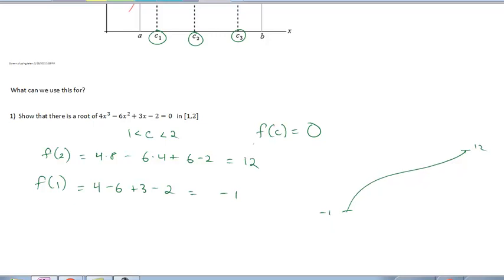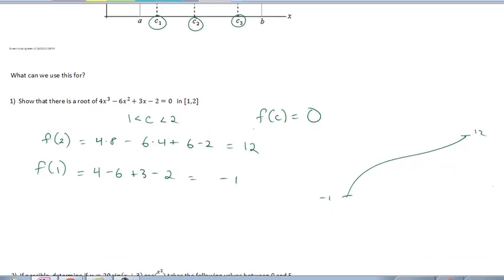The only other way this could happen is if I jumped. If I was suddenly going along, here's minus 1, and then I start up again at 12. I jump later on. But we happen to know that's not the case because the function we're talking about, which is a polynomial, is continuous everywhere. We know that polynomials don't have any discontinuities. So that guarantees the existence of a root between 1 and 2.